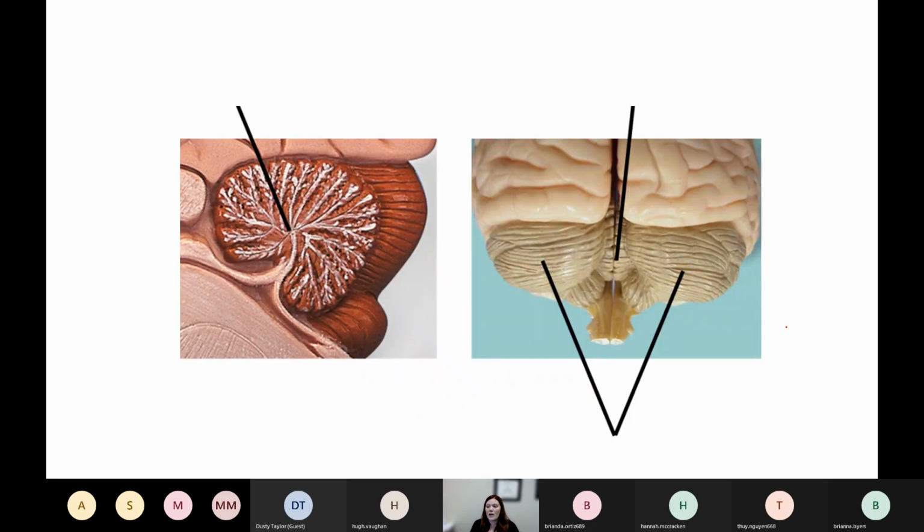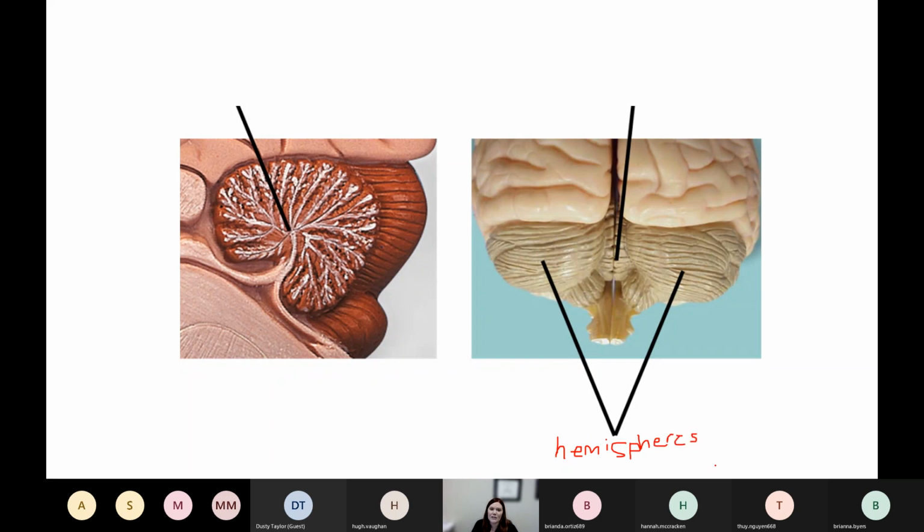Down below the cerebrum, we have the cerebellum. The cerebellum, in a lot of ways, is like a little cerebrum, so its name kind of looks like that: cerebellum, the little cerebrum. Similar to the cerebrum, we have two hemispheres, or two halves, of the cerebellum.